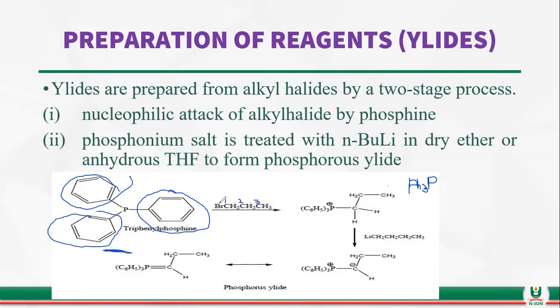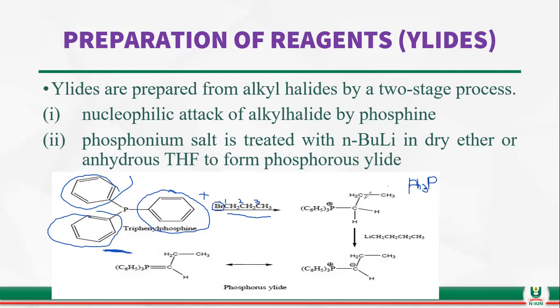So phosphine is here. We have a 3 carbon straight chain, 1, 2, and 3. So we have alkyl here, which is C3H7, and the halide there is bromine. When you treat that with phosphine, what will happen is that there will be attack.